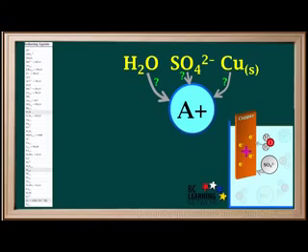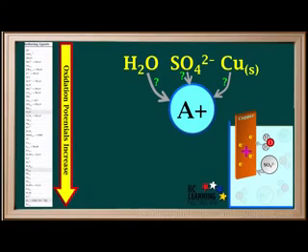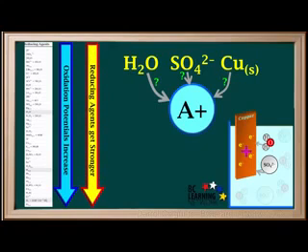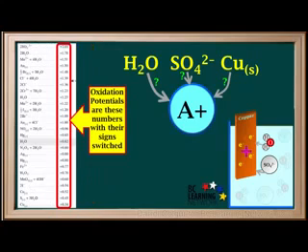Looking at the reducing agents on the right side of the reduction table, remember that oxidation potentials increase as we move down this side. It's the same thing as saying that reducing agents get stronger as we move down the right side. Remember, oxidation potentials of the reducing agent shown here are these numbers with their signs switched.